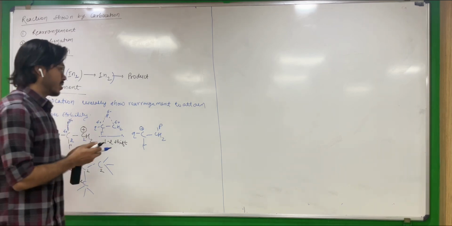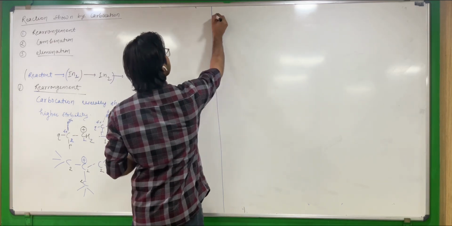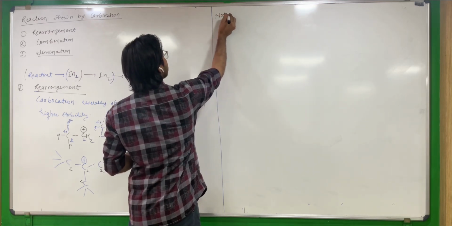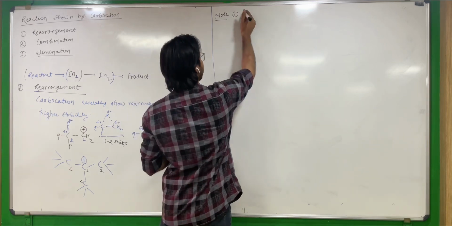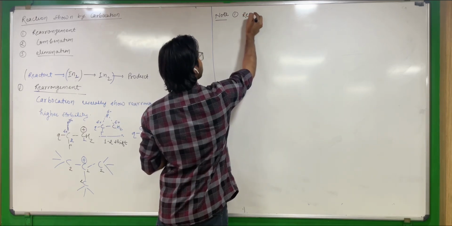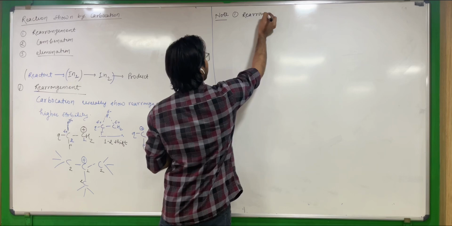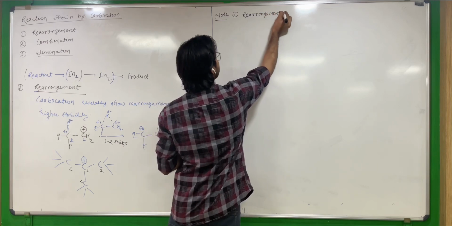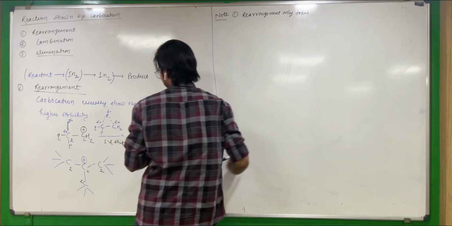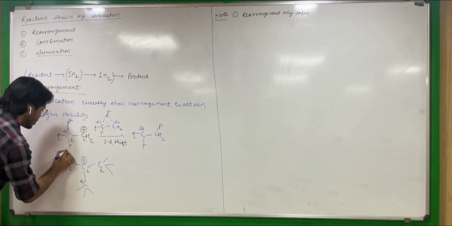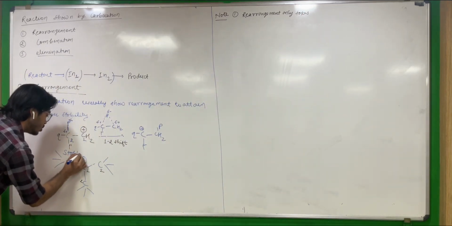Now we'll write some points in notes. First, rearrangement only takes place when a more stable carbocation forms. If this carbocation is stable, this will be more stable.